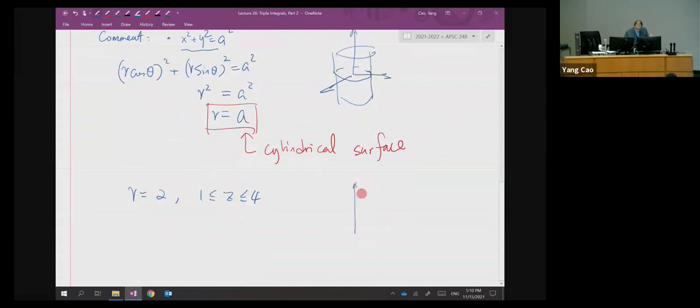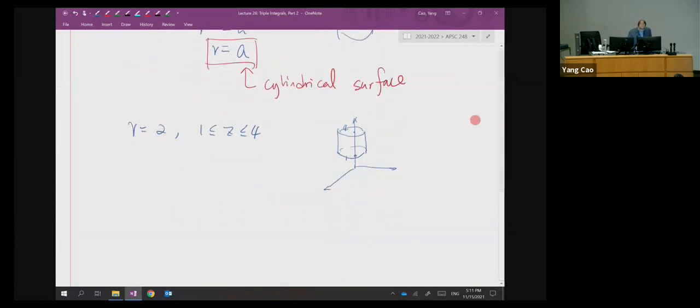If you have to sketch that, then 1 is here, 4 is here, so you would draw a cylinder restricted between z equal to 1 and 4. This is the point I'm trying to make here: given an expression in cylindrical coordinates, what can you visualize, just like you do using Cartesian coordinates.